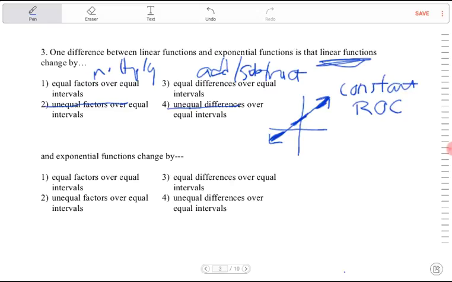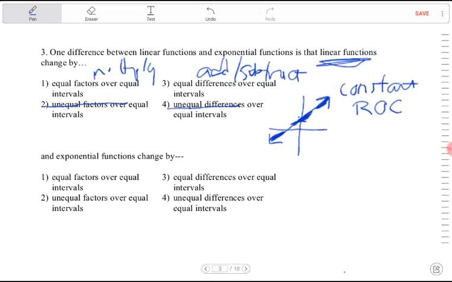So let's give an example of this linear function. Imagine that this is the amount of money you have every day. So the amount of money changes by a constant amount. Now, are we multiplying every day or are we adding or subtracting every day? With a linear function, it's like you're adding or subtracting. Every day, let's say you gain $1.